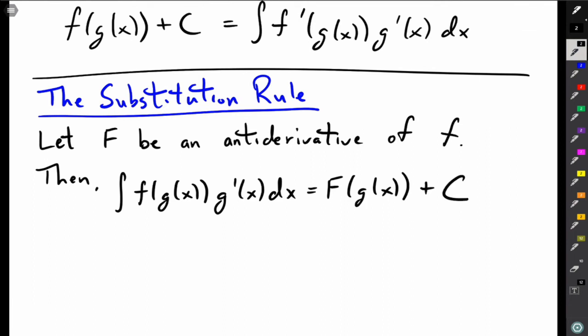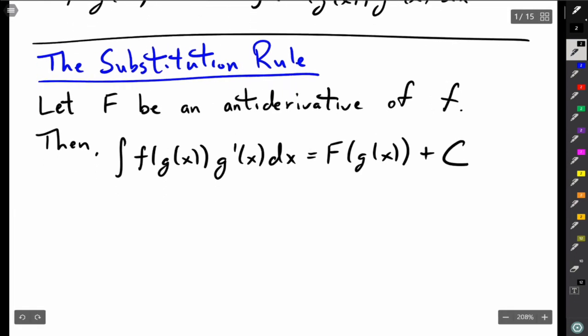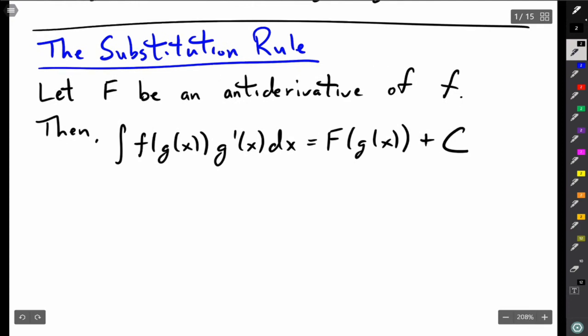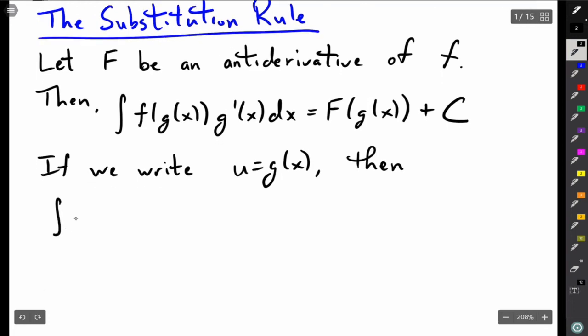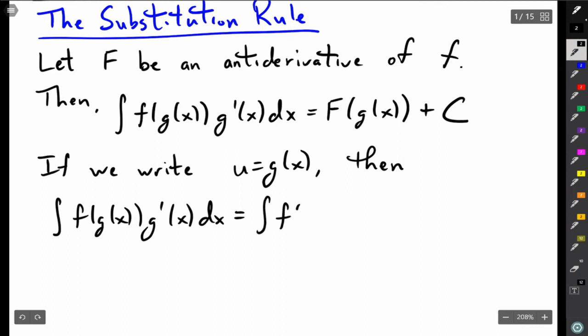Now, this is often referred to as U substitution. So how does that look? So if we write u equals g of x, then the integral of f of g of x, g prime of x dx, this is f of u times du, right?